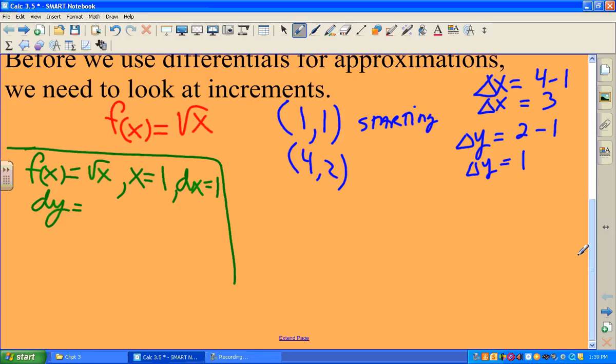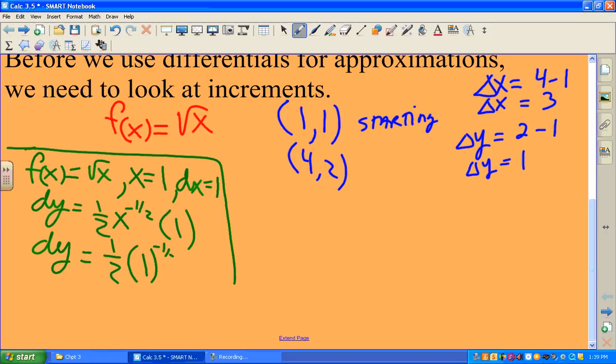Well, dy equals 1/2 x to the negative 1/2 times 1, right? The derivative times the change in x. So that means dy equals 1/2 times 1 to the negative 1/2 times 1.